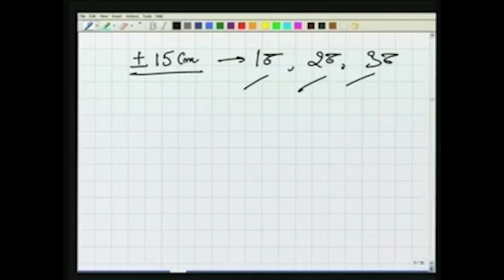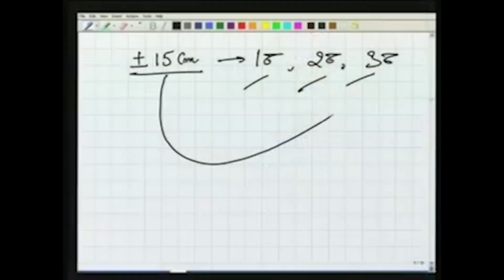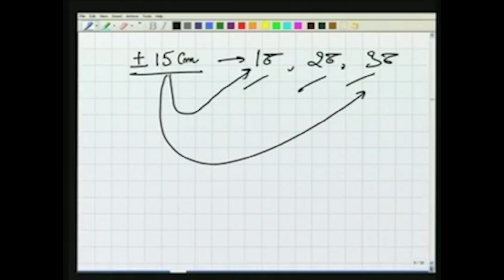This is important, because depending on this, you will come to know what kind of instrument that is, how good it is for your purpose. Because if this accuracy is given at 3 sigma, and in the second instrument it is given at 1 sigma. There are two instruments, from manufacturer A and manufacturer B. They are building the same kind of instrument.